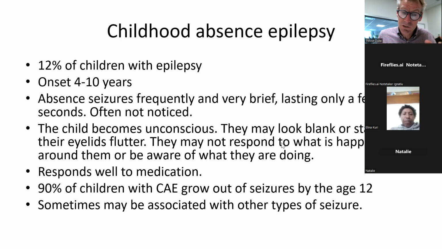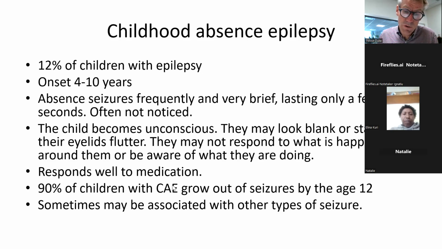Occasionally with absence seizures, the child will collapse and fall down if they're standing up, but often it's so brief that they're scarcely aware of it. And sometimes children with absence seizures, for example in school, are doing poorly in class because they're having frequent absence seizures, and sometimes people who are observing may not even notice that the child's having a seizure.